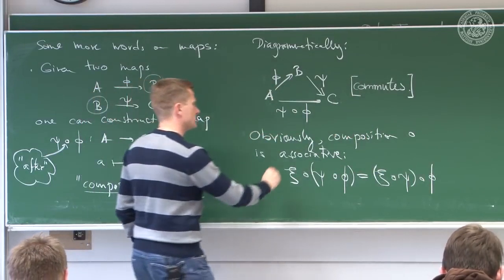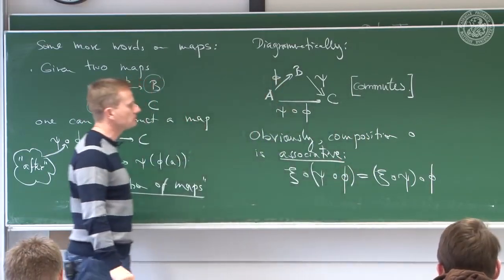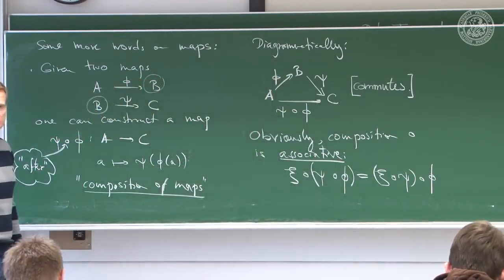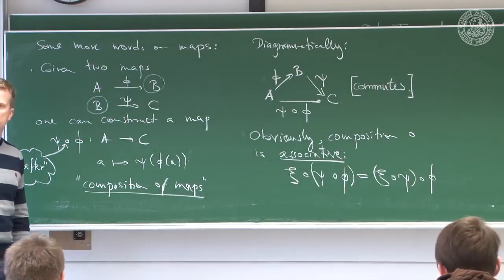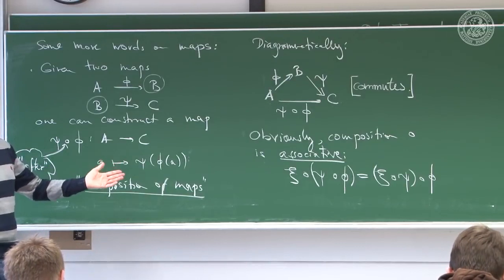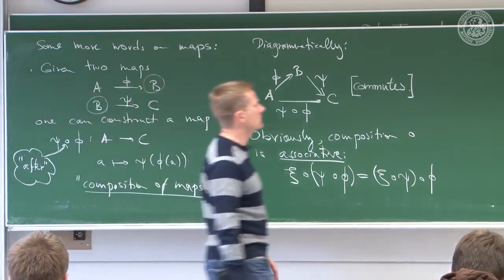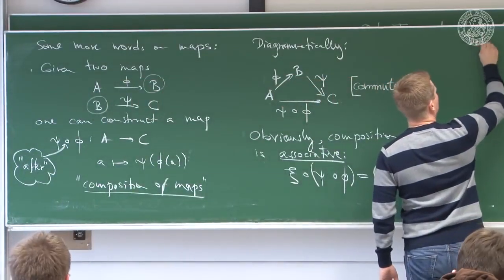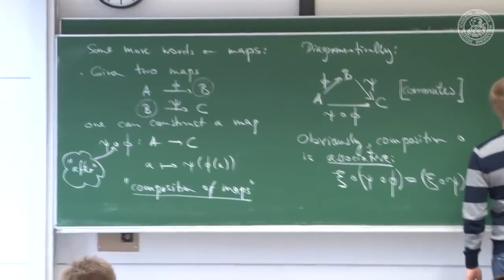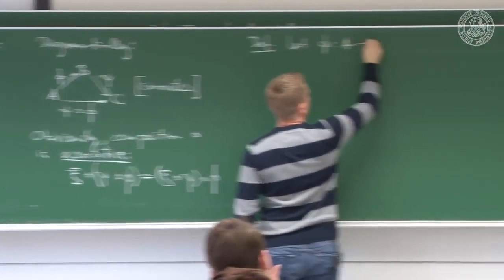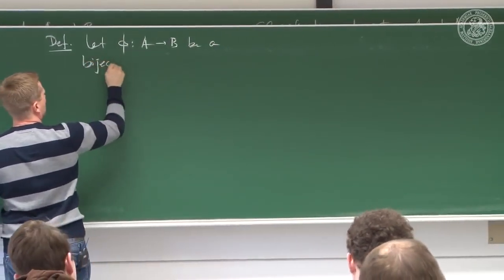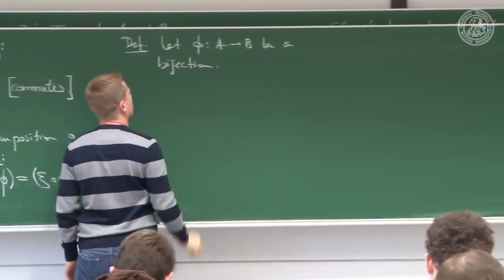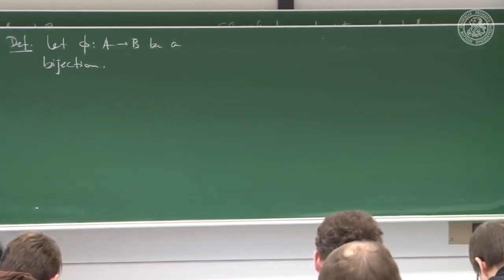Okay, composition is associative. Now, you need a composition in order to be able to speak of an inverse map. If you have no composition, you can't speak of the inverse map. Definition. Let phi from A to B be a bijection. So only for bijections we define the following.